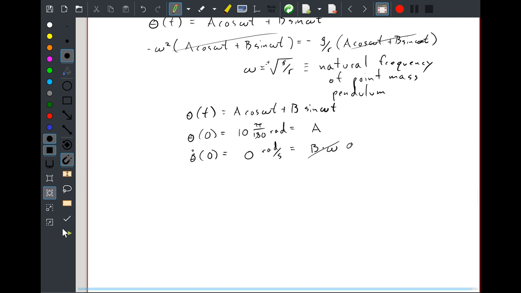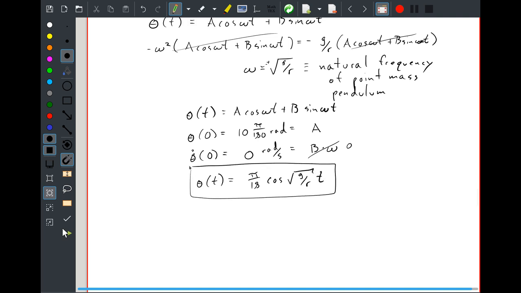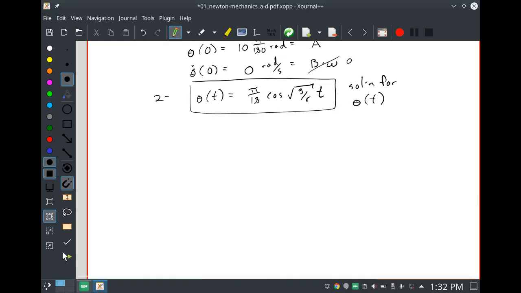So that's 0, and we have theta of t is pi over 18 times cosine of root g over r times t. So this is my step 2 for theta of t.